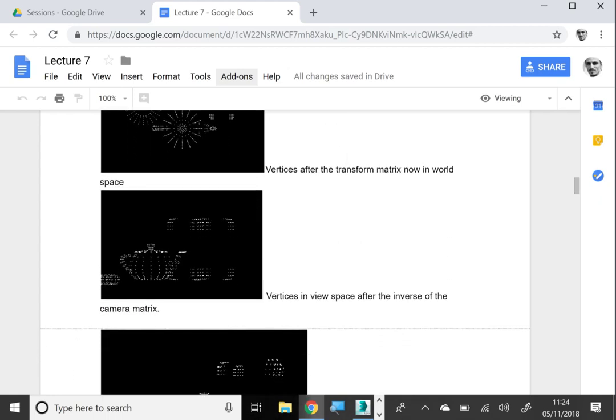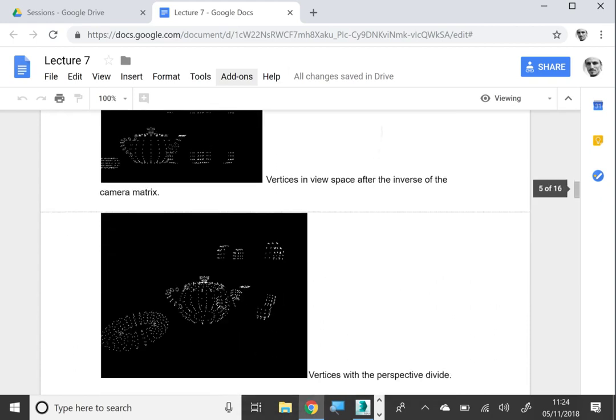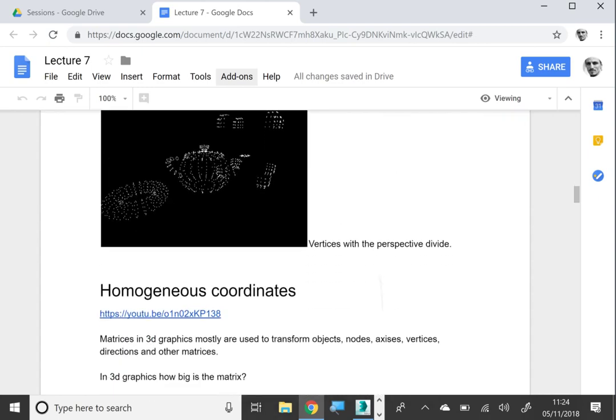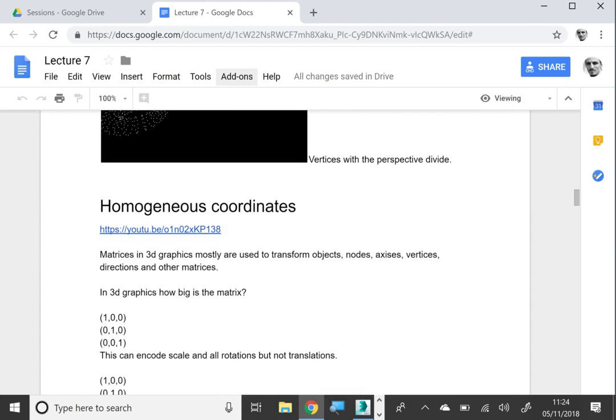Then we looked at what happens if you do the inverse of a transform, and that allows you to look at the scene through another object. You can take another object in the scene, normally a camera or a player, and do the inverse transform from world space to its local space, which is usually a projection, and you end up with a 3D view with a bit of perspective. And we looked briefly at how that perspective was done. So that's where we're up to.